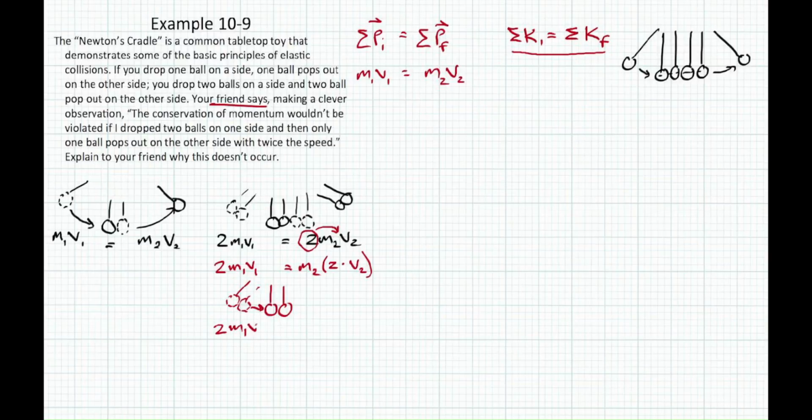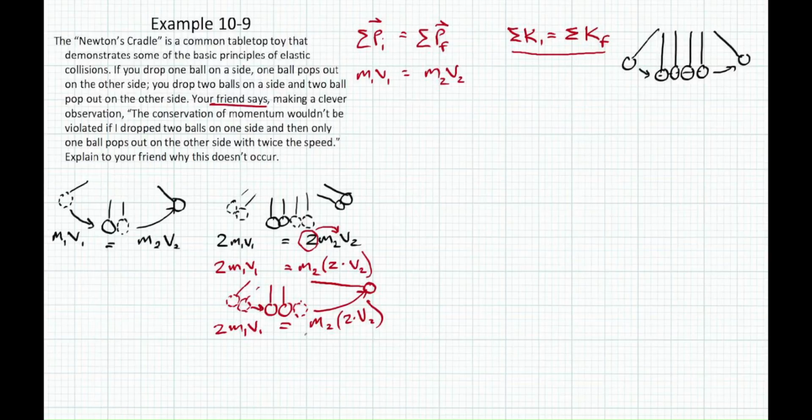So that's 2 times the mass and velocity 1. Have them swing down and hit a single mass right here and have that fly up with twice the velocity. So m2, 2 times velocity 2. That's what your friend is saying.